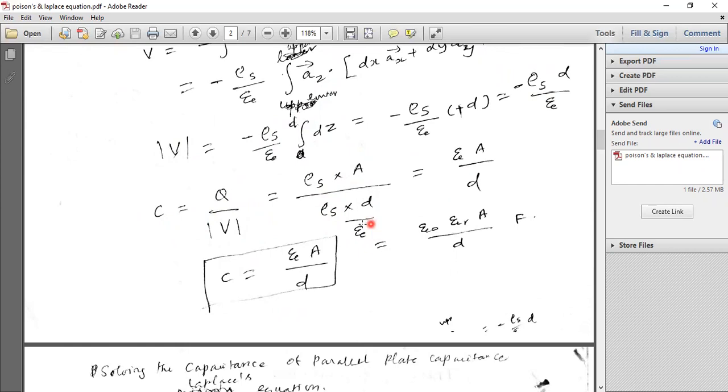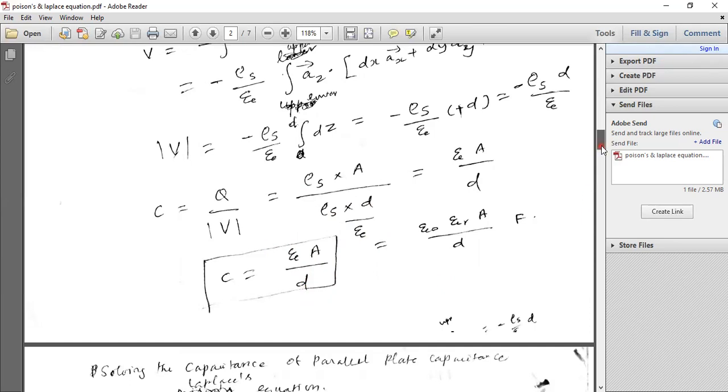So this is the normal method of solving the capacitance. That is by finding the potential difference between the two plates, and we have to substitute Q and V. So Q by V will give the capacitance value, where epsilon is the permittivity of the medium, A is the area of the plate, and D is the separation between the two plates.